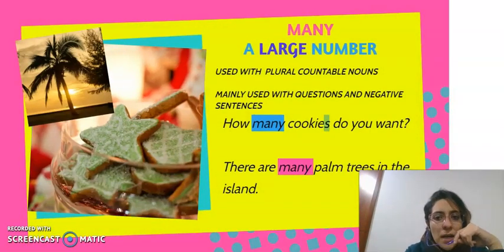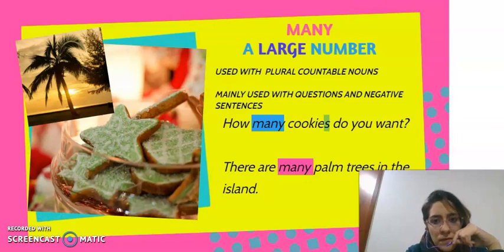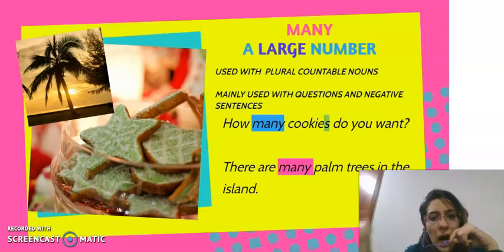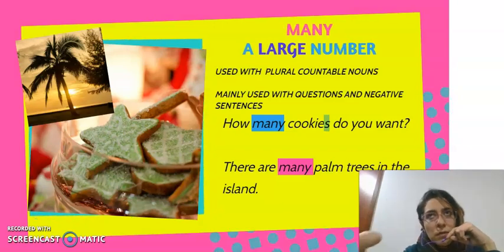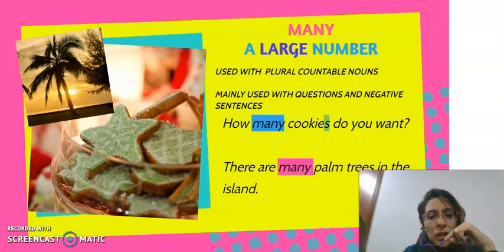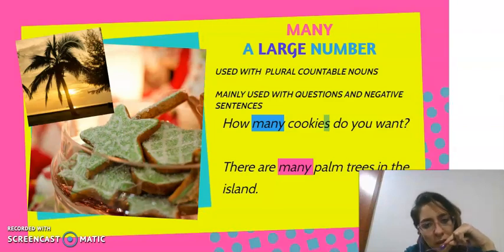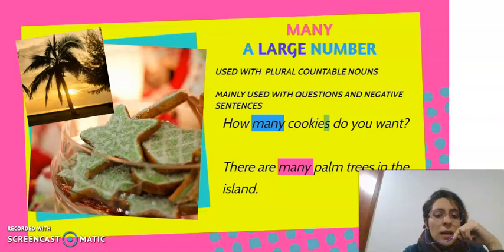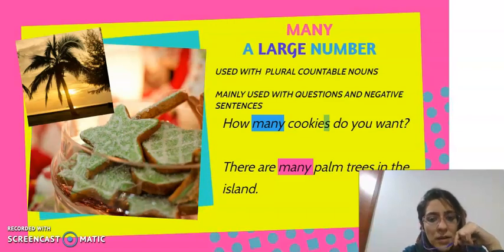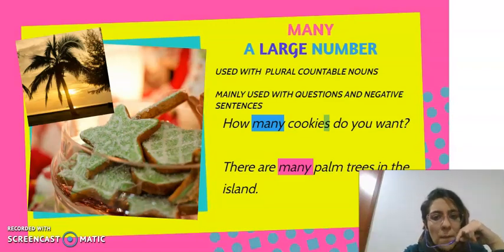Okay, many. Many is used for a large number or a large quantity or amount, usually with plural countable nouns. Mainly used with questions and negative sentences. As we see here in the two examples, how many cookies do you want?